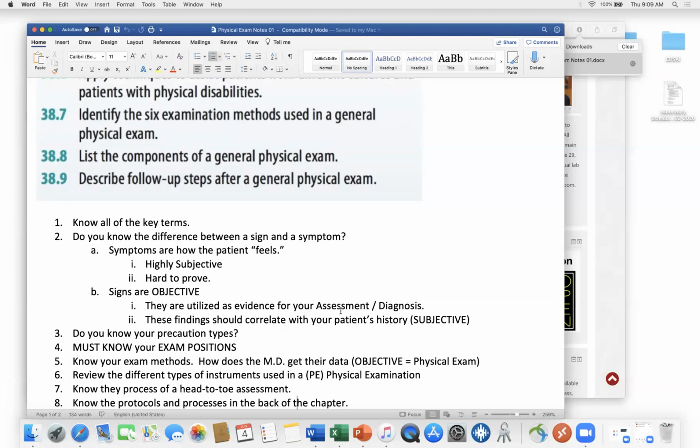The normal vital signs for blood pressure, respiratory rate, heart rate, and temperature stand no matter what country you're in, and no matter what size you are, they should stand uniform, with the exception of blood pressure. And we're going to talk a little bit more about that.